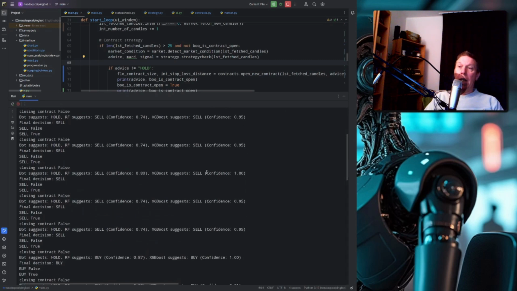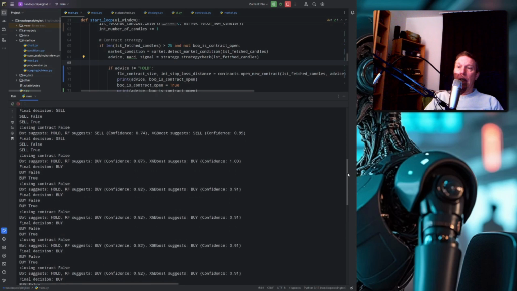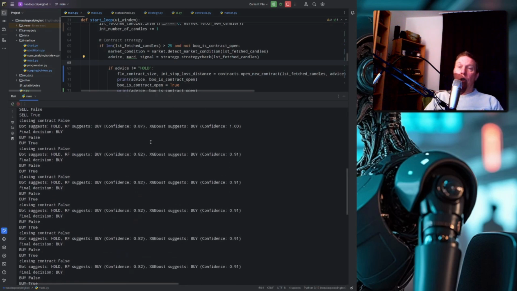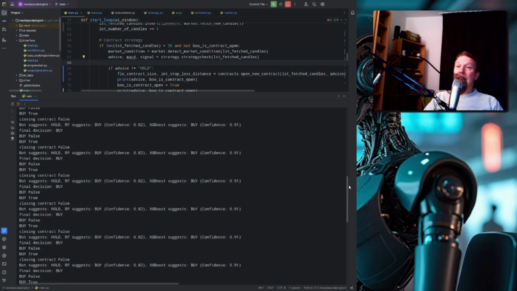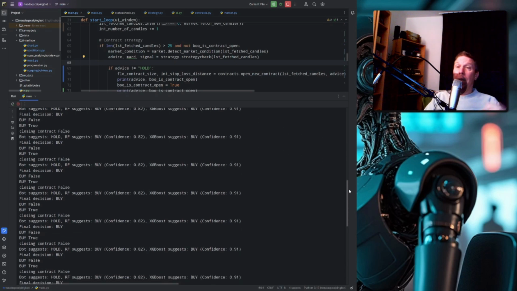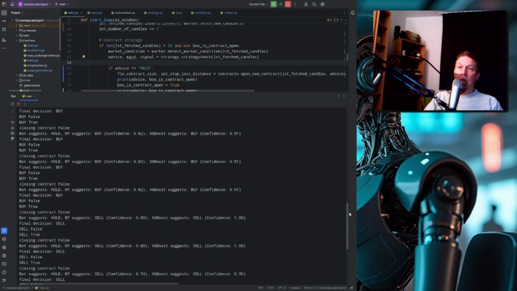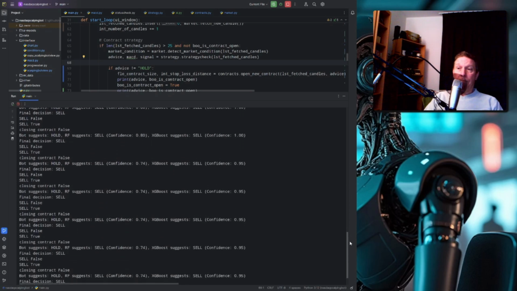Here we got an 80 and then a 1, so this is percentage, so 80% and 100%, 74 and 95%. So you see, this is a strong run, 87 and 100, 82 and 91. So the confidence that they are right with their decision is rather high.